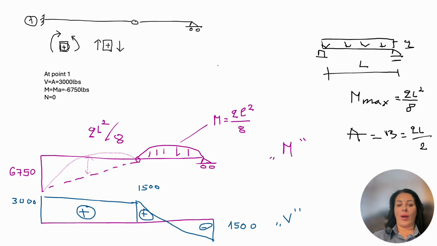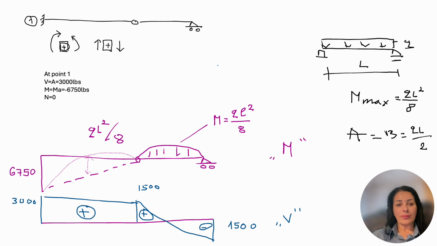And we have a parabolic part, which comes from the distributed load. We said that the parabolic part is QL squared over 8, which means 500 times 3 squared over 8. So this is our moment diagram from point A to point B. From B to C, we will have only the parabolic part, again QL squared over 8, so that means 500 times 6 squared over 8.